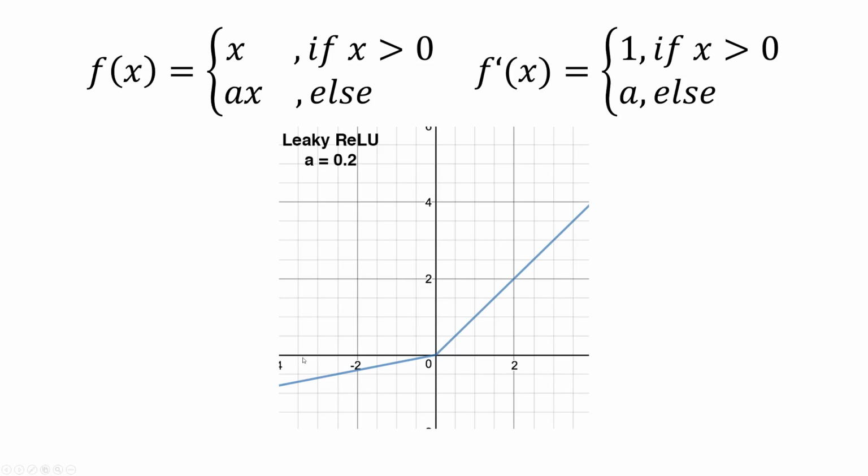So we will have a slope down here, and that's pretty much the Leaky ReLU. The derivative looks pretty similar: it's 1 if we are greater than 0, and it's this parameter a if we are below 0. This parameter can be chosen however you want. I've chosen 0.01 in my network, but that's up to you.